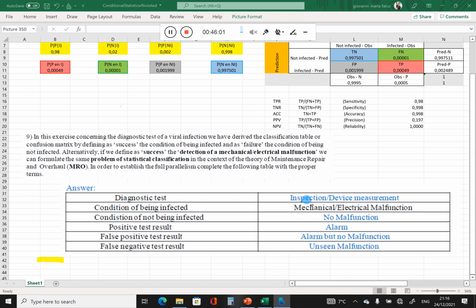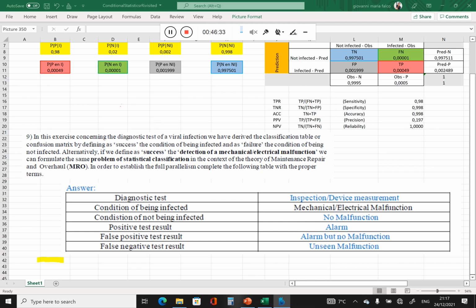The condition of being infected, which we identified as success, will basically be a mechanical or electrical issue of malfunction. The condition of not being infected would be no malfunction, no issue. A positive test result would be some kind of alarm, a red light which turns on.